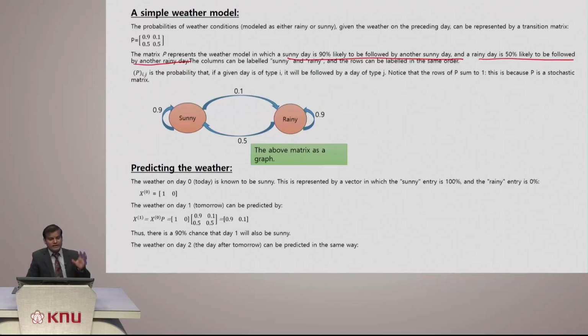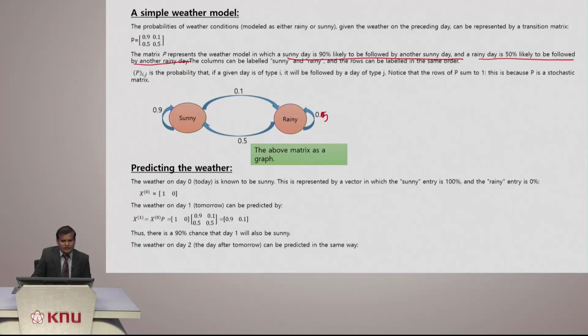So if you are in a sunny day, you are going to be retained in the sunny day for 90%. If you are in a rainy day, you will be retained in the rainy day with 0.5 or 50%. So based on that, you can form this probability transition matrix, and you can try to predict the weather for this whole process, how it is happening.